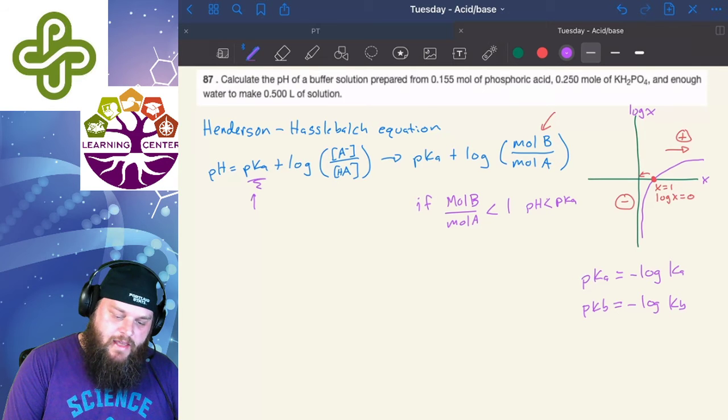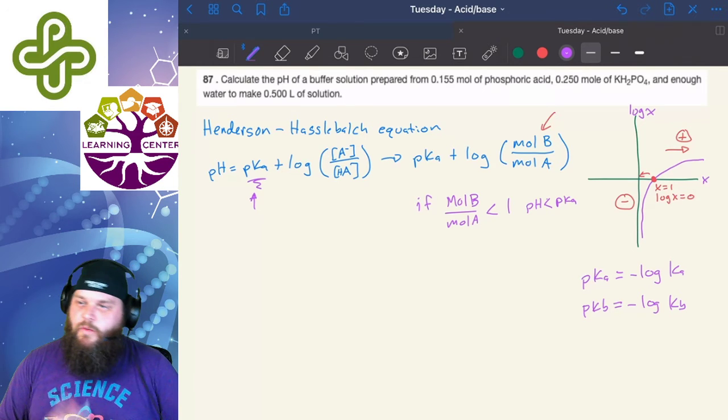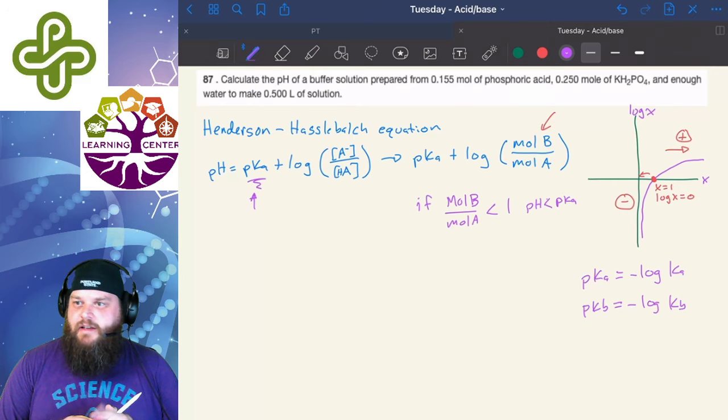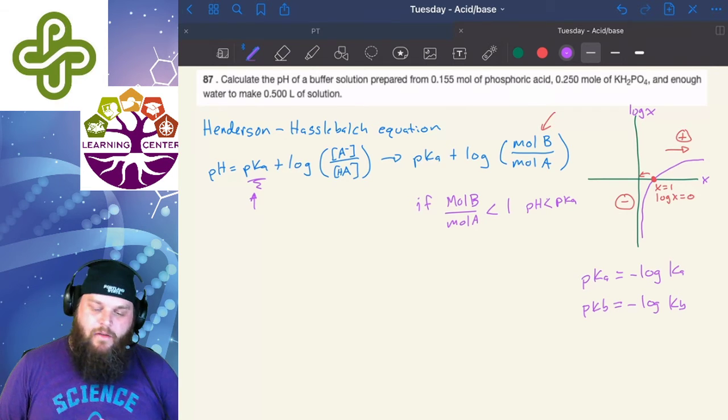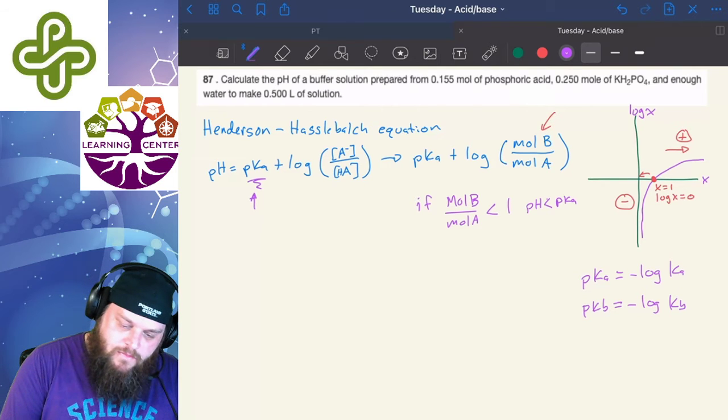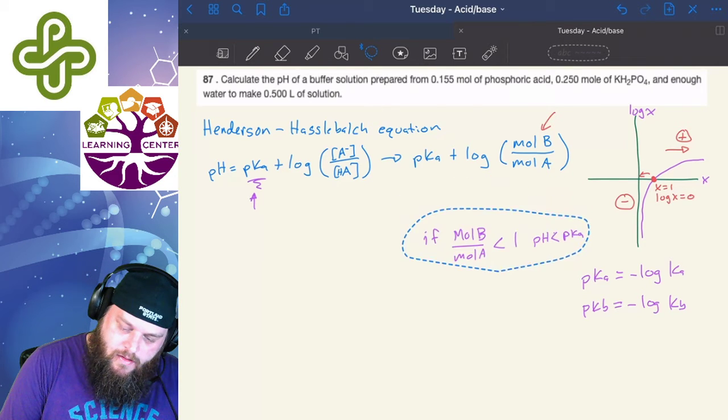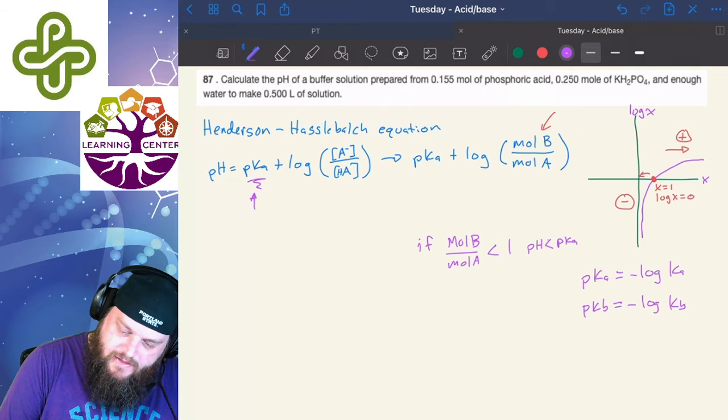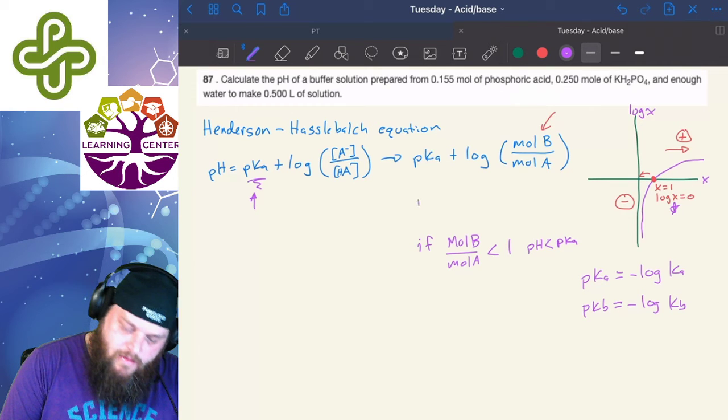This pKa is really talking about when we have an equal amount of acid and its conjugate base, we get this kind of half equivalence pKa value. And maybe I should state that one first, because that's this key part here. If that mole of base divided by the mole of acid is equal to 1, we're at that half equivalence.